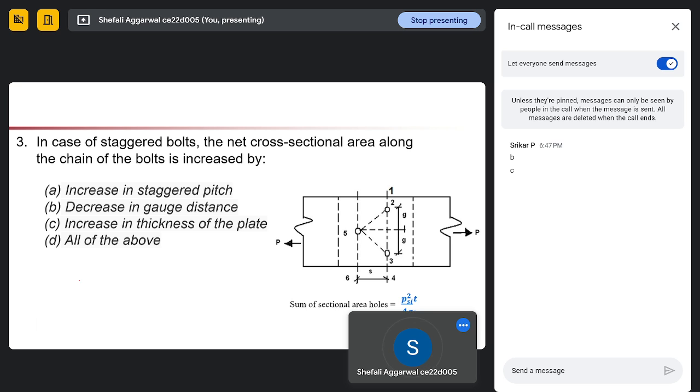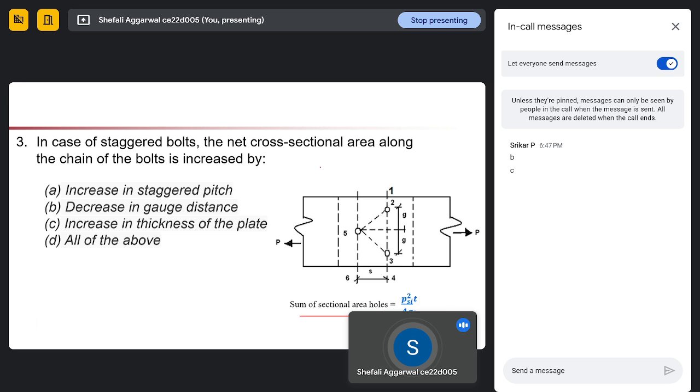Next question. In the case of staggered bolts, the net cross-sectional area along the chain of bolts is increased by: increase in staggered pitch, decrease in gauge distance, increase in thickness of plate, or all of the above. This is the formula which we are using.